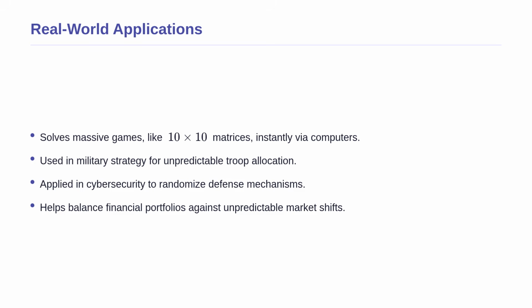This exact math is used in military strategy to allocate troops unpredictably. It is used in cybersecurity to randomize defense mechanisms against hackers, and in financial markets to balance investment portfolios against unpredictable market shifts. We replace dangerous guessing with mathematically guaranteed optimal decisions.